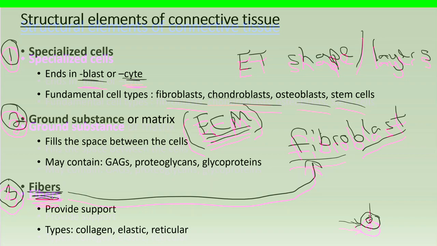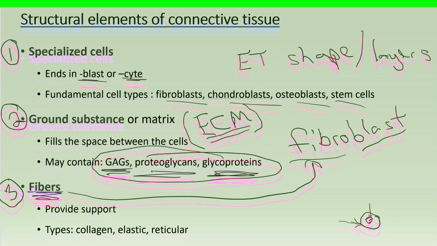So the fibers can be very prominent. You can have a lot of fibers. You can have fibers that are made of a harder substance. You can have fibers that are made of looser substance, etc. So a few things to keep in mind. Your ECM can also contain things called GAGs, proteoglycans, and glycoproteins. Don't worry too much about that.